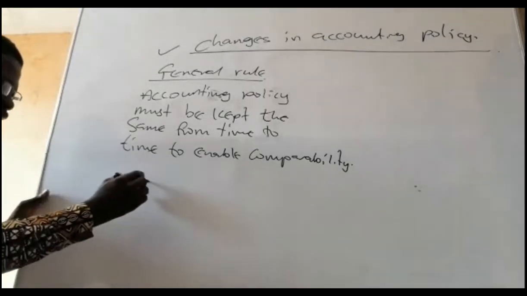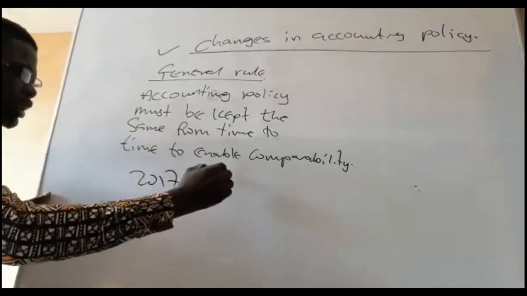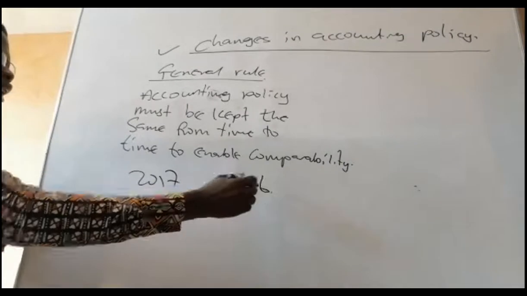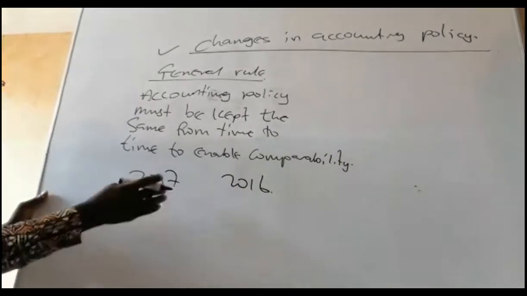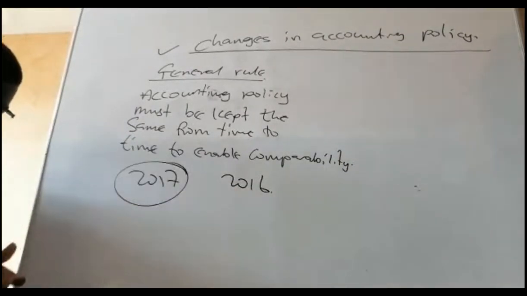For instance, 2017 and 2016. Now, the policy that you were using in 2016, you've changed it for 2017. The issue is once the policies have been changed and the bases are not the same, you cannot compare.